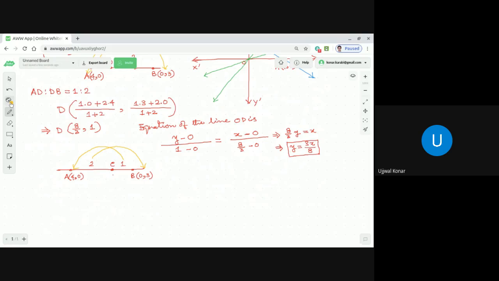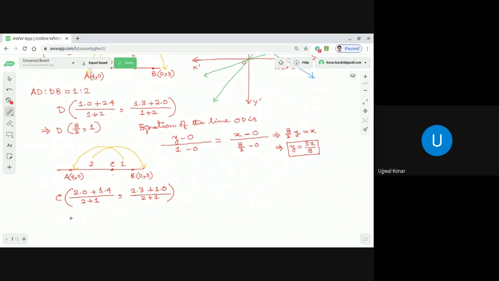So now, from here, the coordinate of the point C is something like this: (2 into 0 plus 1 into 4 divided by 2 plus 1, comma 2 into 3 plus 1 into 0 divided by 2 plus 1).